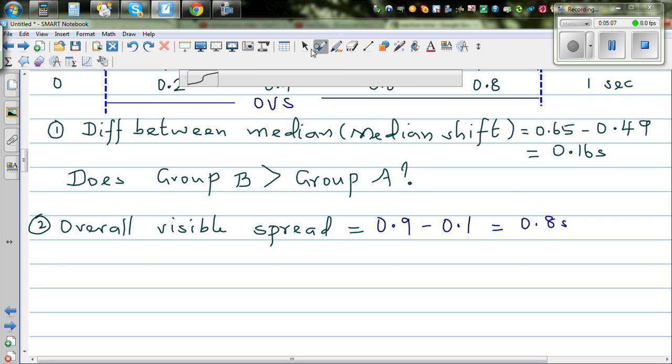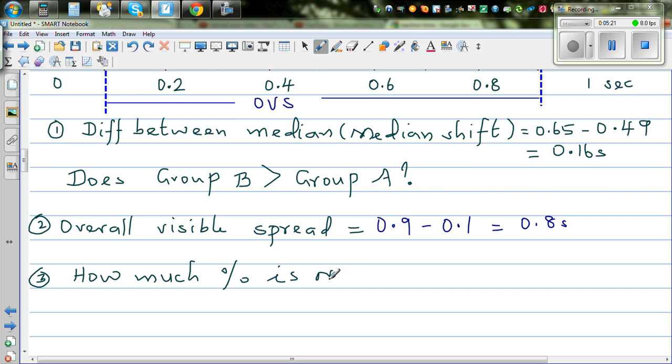So the third question we need to ask: how much percent is the median shift of the overall visible spread?